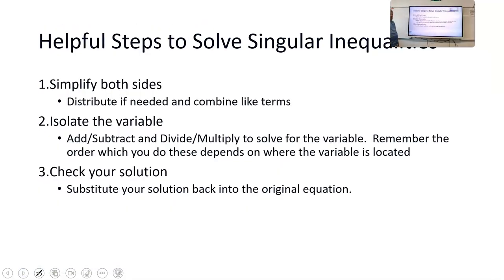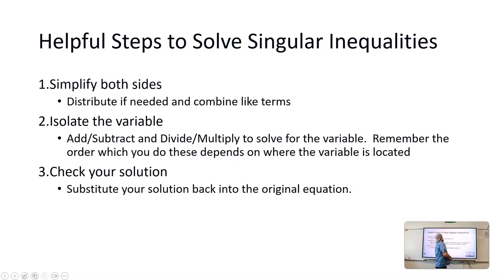Okay, helpful steps to solving inequalities. First, we need to simplify both sides, just like we did with equations. We always need to try to simplify first, the left side and the right side individually, before we start trying to isolate the variable, which is step 2. So isolate the variable: add or subtract, divide and multiply to solve for the variable.